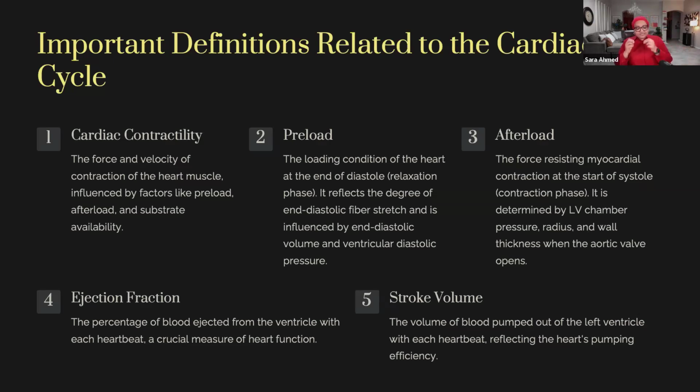Okay? So this oxygen extraction, we can actually measure it by looking at the oxygenation of the arterial blood when it leaves the heart after it's fully oxygenated, and the venous blood, we call it mixed venous blood.